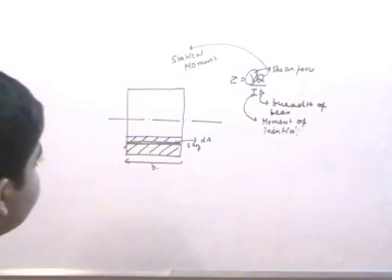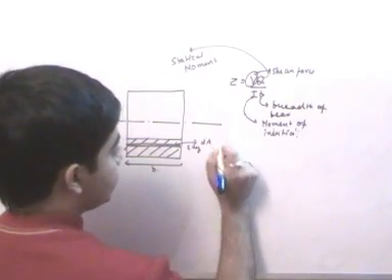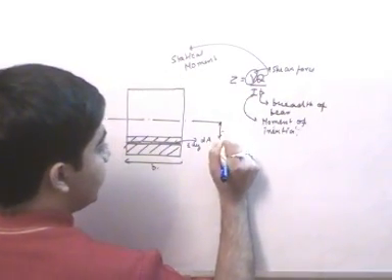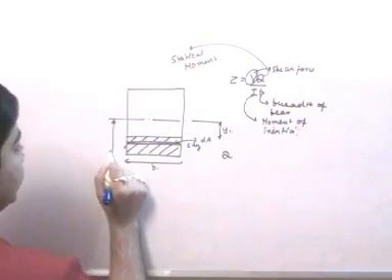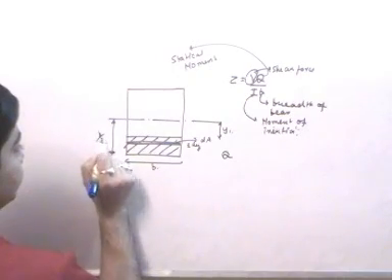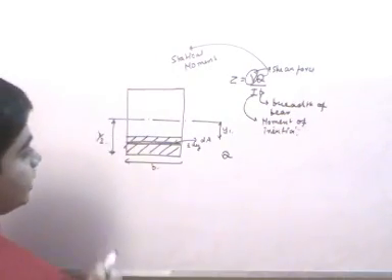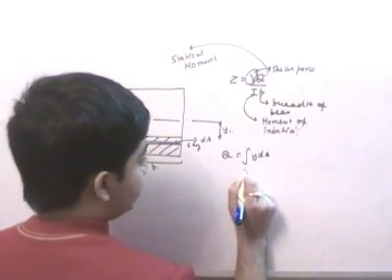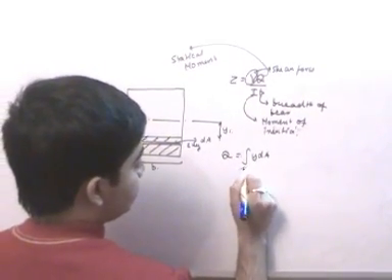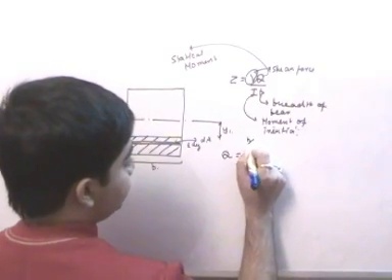Now what is Q basically? Now this block is at a distance y1 from the neutral axis, and its height from the neutral axis is h by 2. So Q is essentially the integral of y dA from y1 to c1, that is h by 2 here.